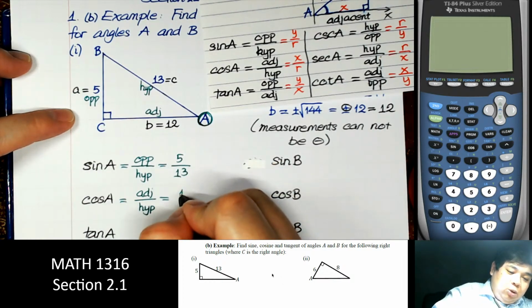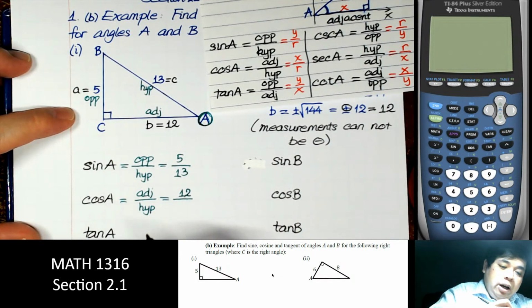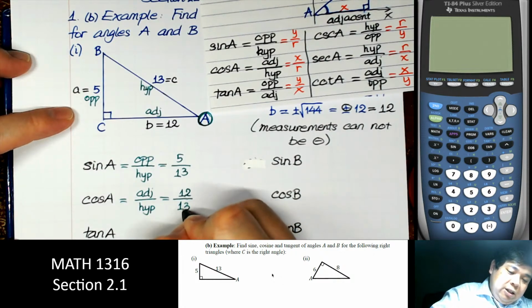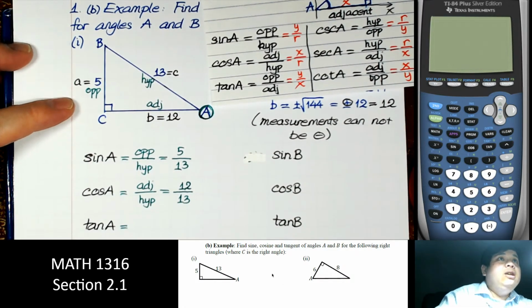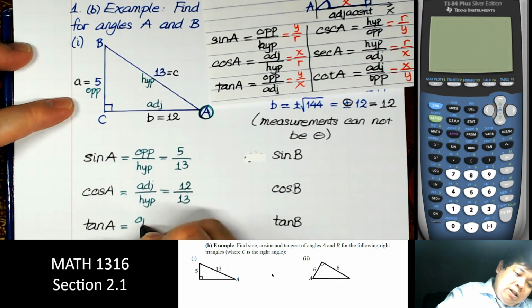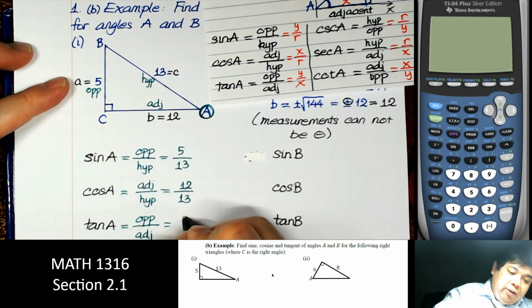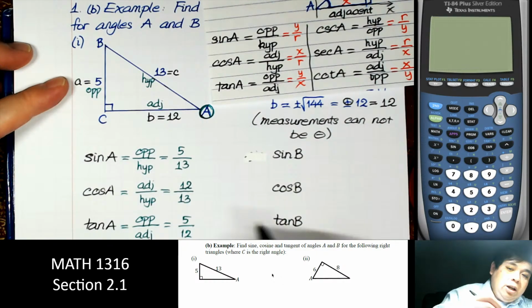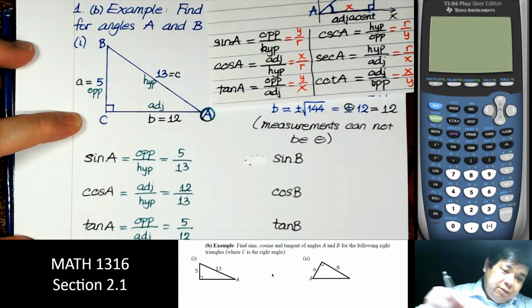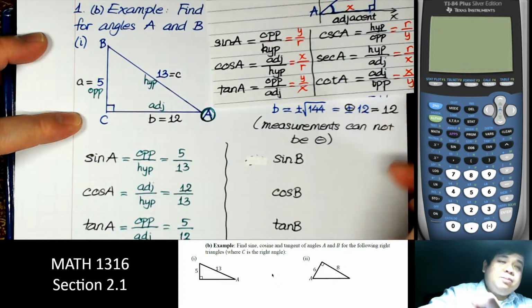Adjacent is 12, hypotenuse 13. And tangent is opposite over adjacent. Opposite is 5, adjacent is 12. So it's straightforward. Definition. Yes.